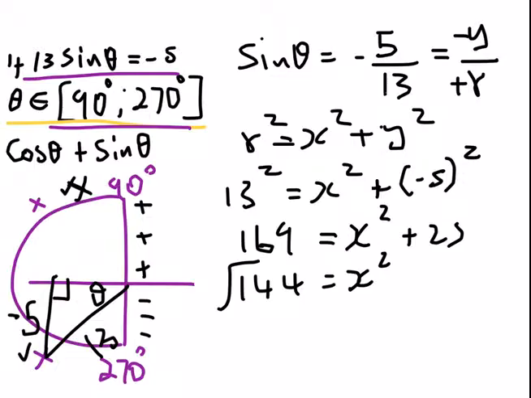Now you root both sides, and your answer should be plus or minus 12, which should equal x. Then the question is whether your x value will be positive or negative 12. Definitely negative 12, because of the quadrant in which the right angle triangle is drawn.